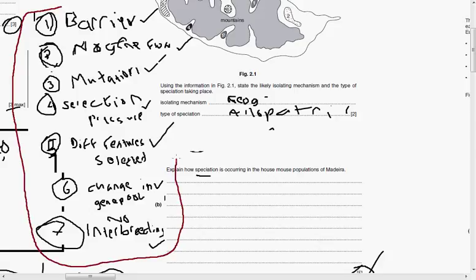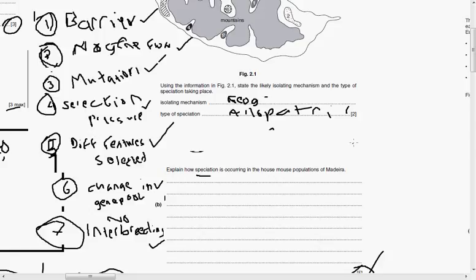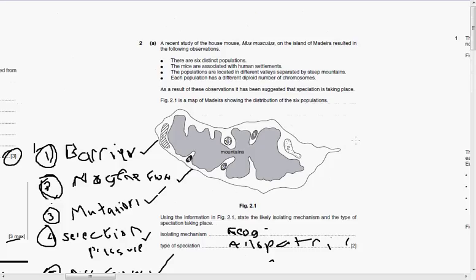You can add 1 or 2 or remove 1 or 2, it's up to you, but make sure you note the 7 down in proper order so that you don't ever miss these marks. Okay, hope that was clear. Hope to see you in the next videos. Thank you for listening.